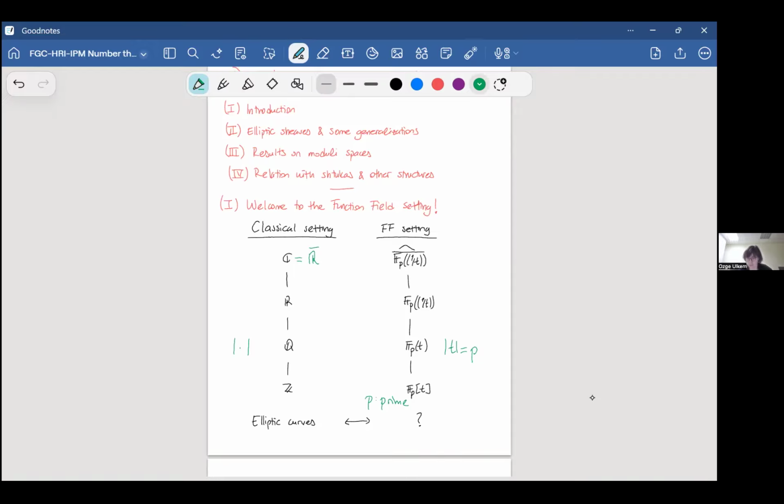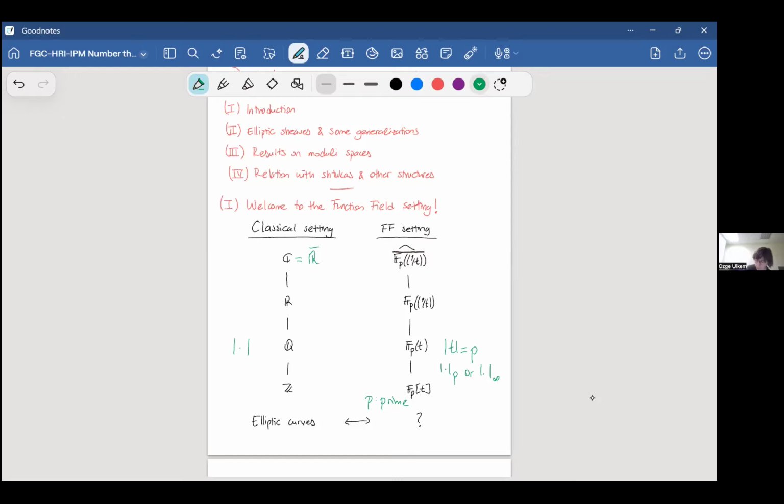This norm is usually denoted by the absolute value at infinity. Now, different from the usual absolute value, this gives a non-Archimedean norm. With respect to this non-Archimedean norm, we take the completion, and we obtain the field of Laurent series. And then we take the algebraic closure of it, but since the norm is non-Archimedean, it's not necessarily complete, but we want at the end a complete algebraically closed field, so we take one more completion. And this will be our setting.